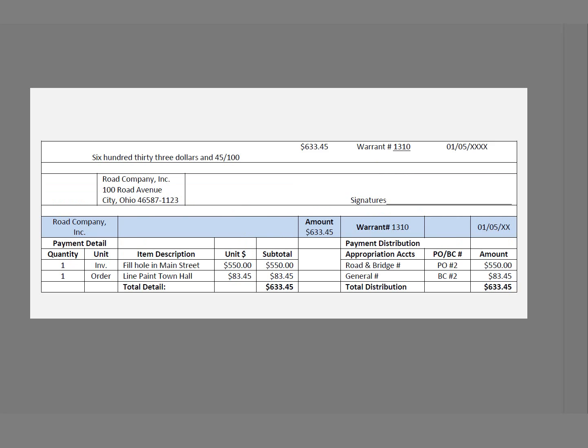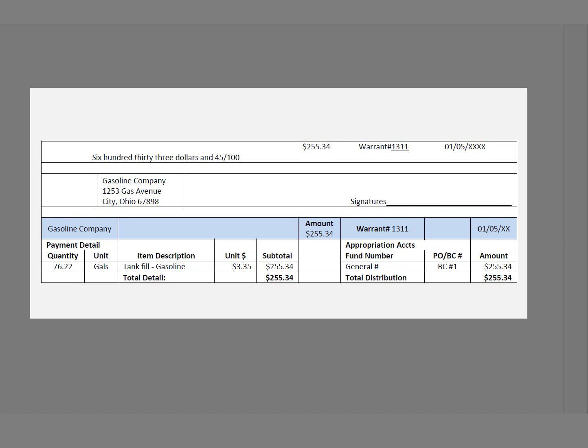The second warrant, number 1310, to Road Company, is for road repair and line paint for the Town Hall parking lot. Under payment details, we see what was purchased. And under the payment distribution, we see the appropriation account and purchase order distribution. The payment, total detail, and total distribution must be the same amount.